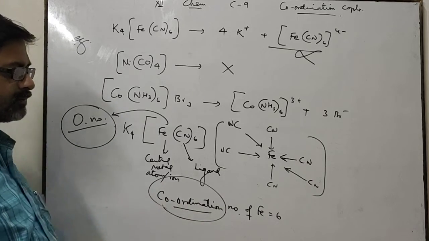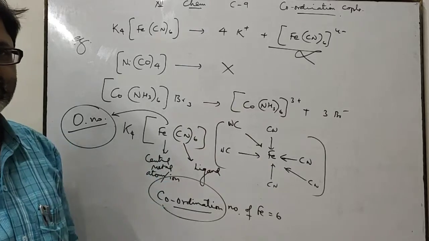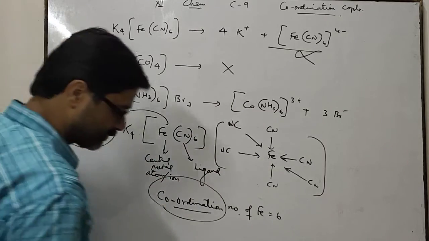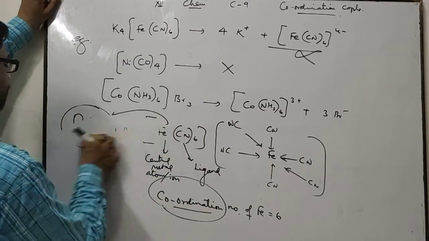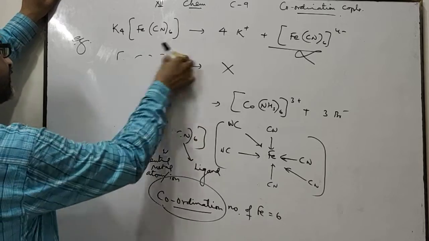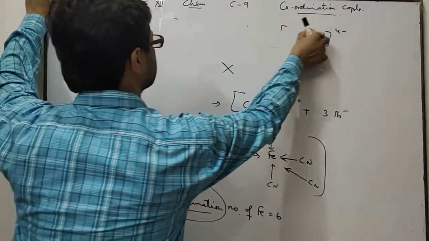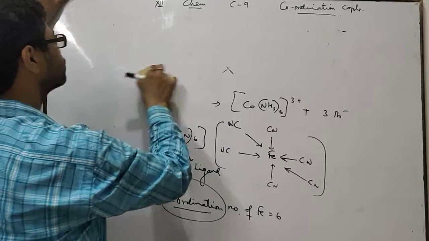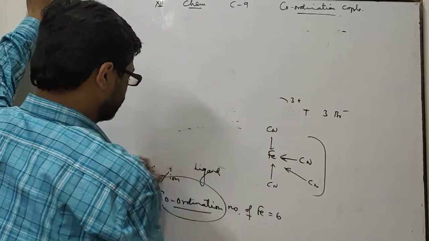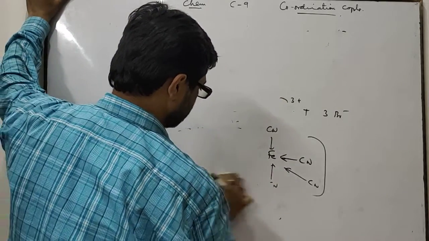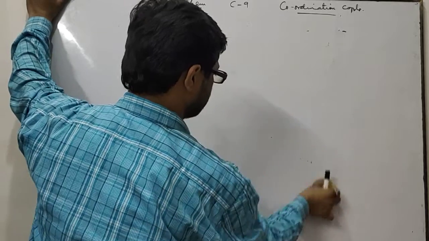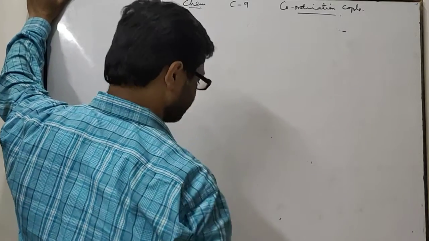Coordination number is the total number of coordinate bonds formed by the central metal. This one is coordination number. Okay? This is oxidation number. Oxidation number is totally different from coordination number. This is about the coordination number and oxidation number. This one is central metal. What is central metal? What is ligand?